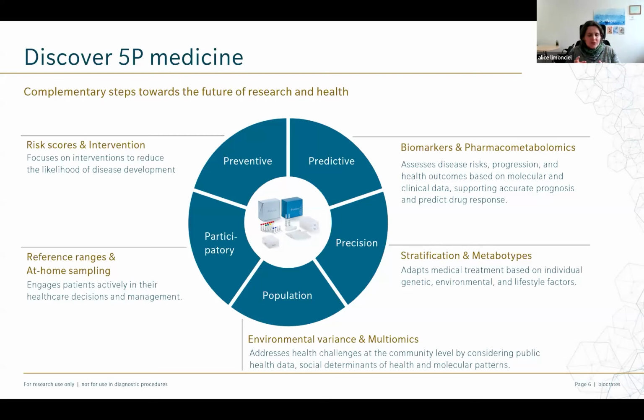But I think we all know about aspects of participatory medicine when we think of how to make medicine accessible to more people. There are many populations that don't have access to a hospital easily, or that don't have the possibility to go to the doctor very often. And there are strategies that exist, for example, at home sampling, where you can collect your own blood at home, often in a dried form.